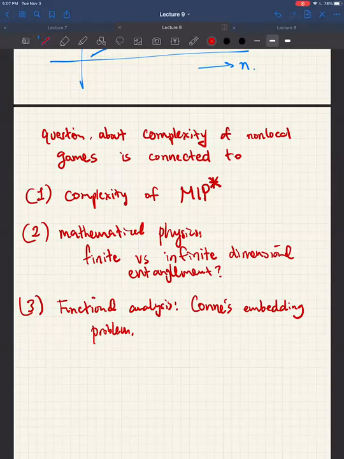But it turns out that settling this question about whether there's an algorithm to compute the value of non-local games gives a resolution to this open math problem, or that was open.